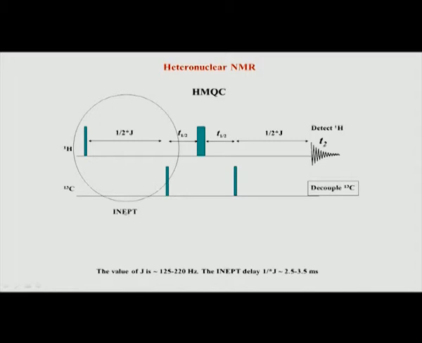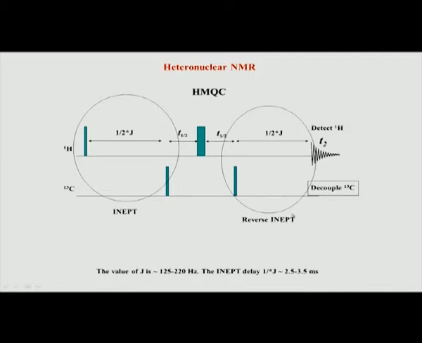Without these 180s we can also achieve this transfer, and that is what is shown here, but it is slightly different. So, we will still call it a regular INEPT. Then you have a reverse transfer back, like we saw in HSQC, though it does not look similar to what we saw there, but it is a polarization transfer back to proton using J coupling.